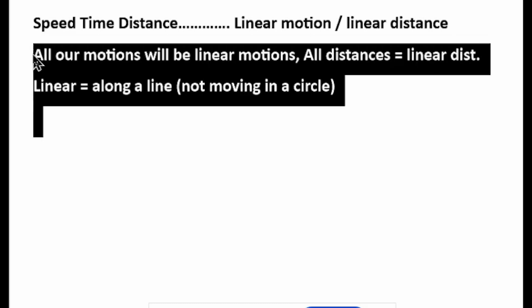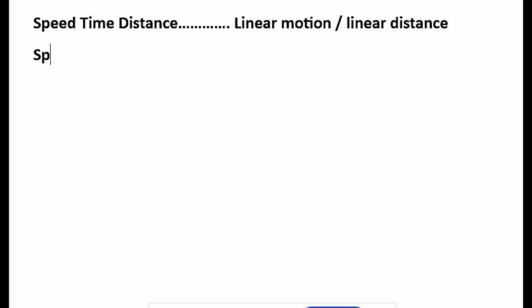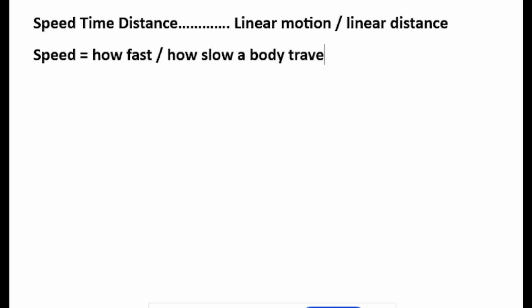So, speed was defined as how fast or how slow a body moves or travels. Moving, you can also say travels. So how fast or how slow a body travels.